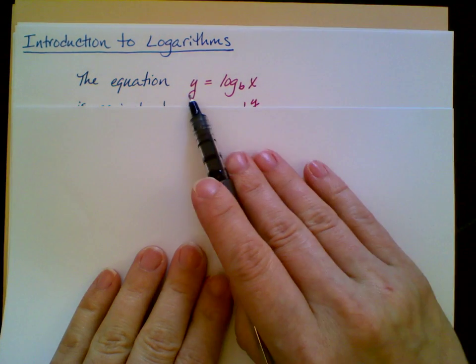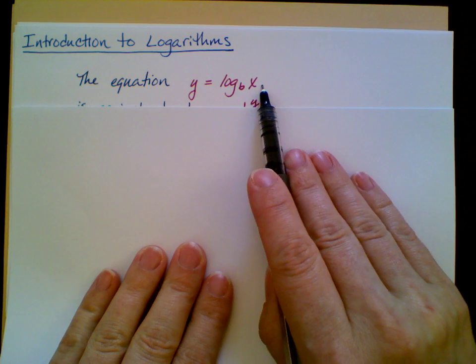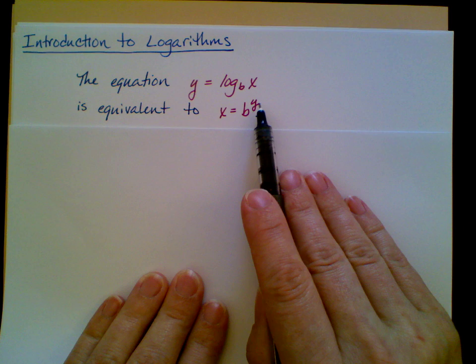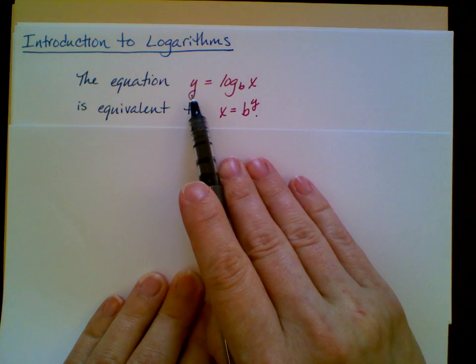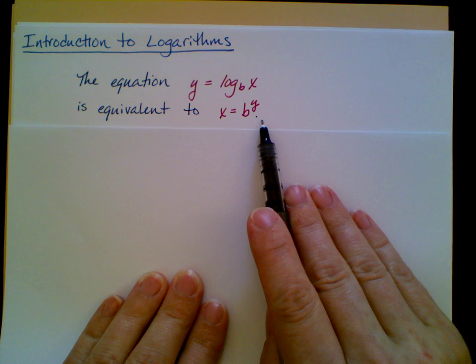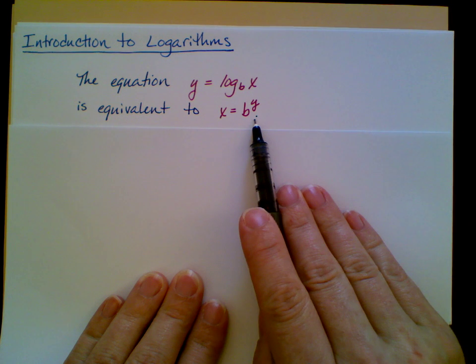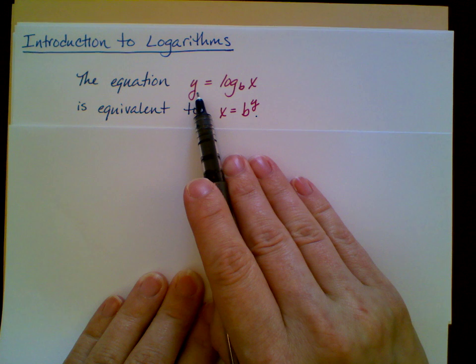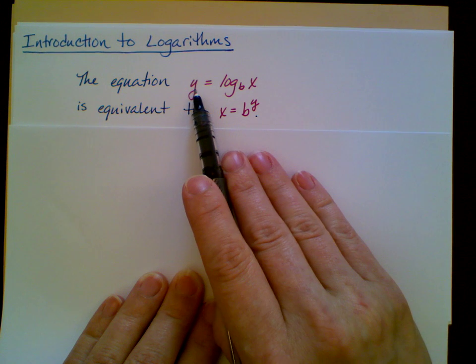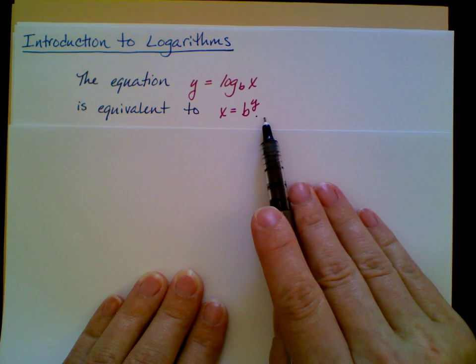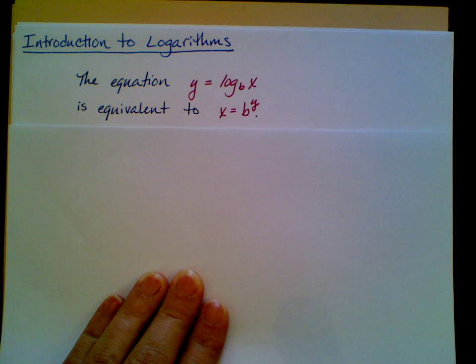So now that equation, log base b of x, is equivalent to x equals b to the y. So this logarithmic equation is exactly equivalent to this exponential equation. We are able to convert back and forth between logarithmic form and exponential form, which we'll do some examples of in a moment.